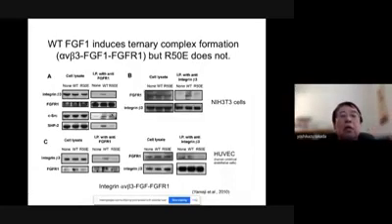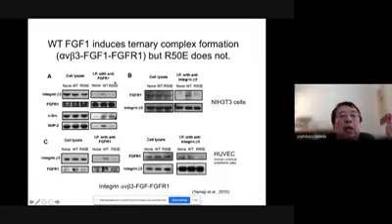Then we can show, this is the SDS-PAGE, co-precipitation of receptor or integrin. When integrins are precipitated, we can co-purify the FGF receptor. And then over here, on this side, when we purify the FGF receptor, we can co-purify the integrin.